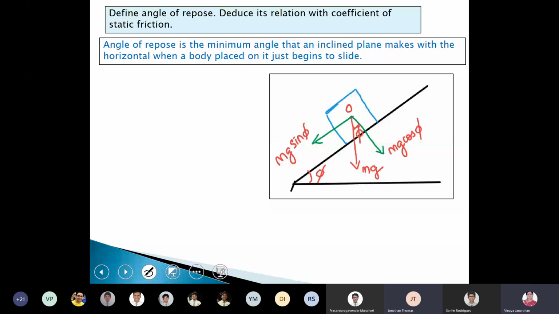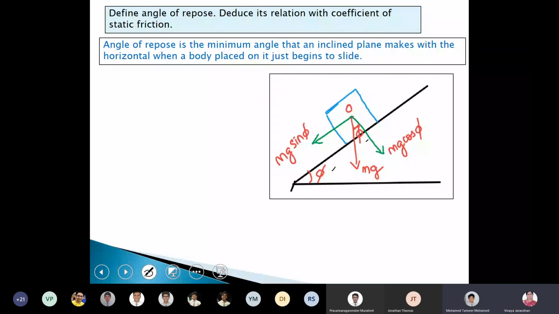Mathematically, both angles are the same. If the angle of repose is 45 degrees, this angle will also be 45. If you keep tilting your inclined plane, this angle also keeps increasing. So both are the angle of repose? Yes.